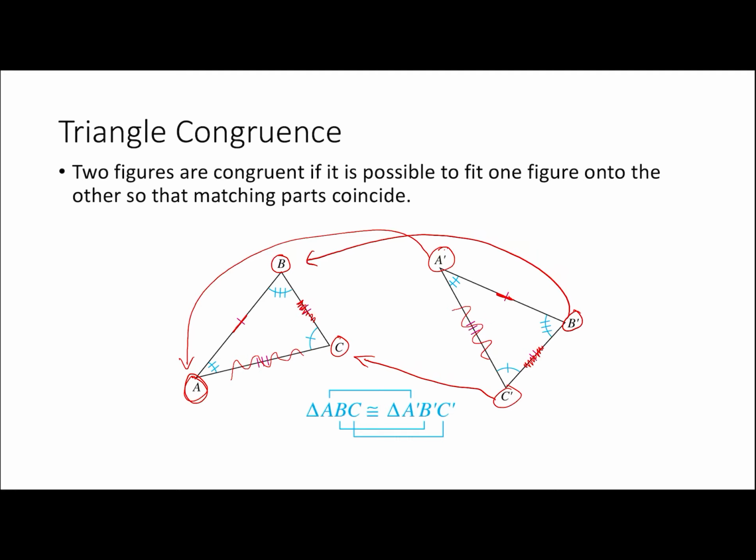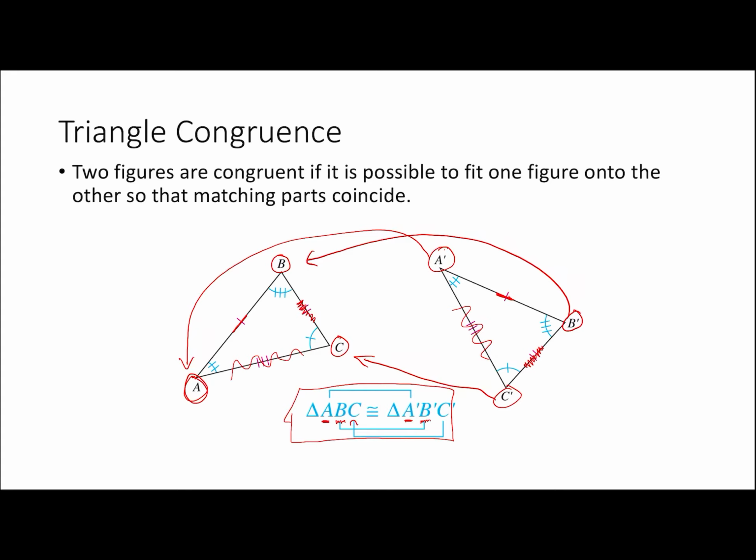Now, when we talk about this congruency, it is important to make sure you have the letters in the right order. So if we're going to call this first triangle ABC, then we have to call the other one A prime, B prime, C prime. And the reason is because if you were to call it, let's say, triangle CBA, or C prime, B prime, A prime, that indicates that different parts correspond and that they would be congruent.